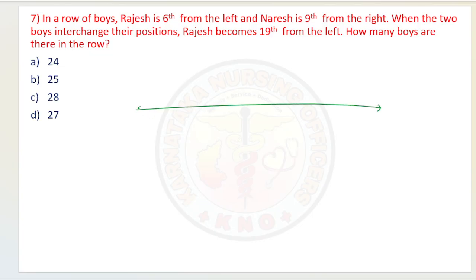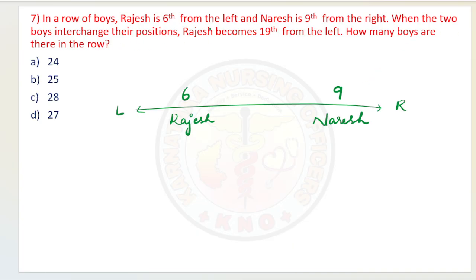So here is the data, left, right. Rajesh is 6th from the left and Naresh is 9th from the right.